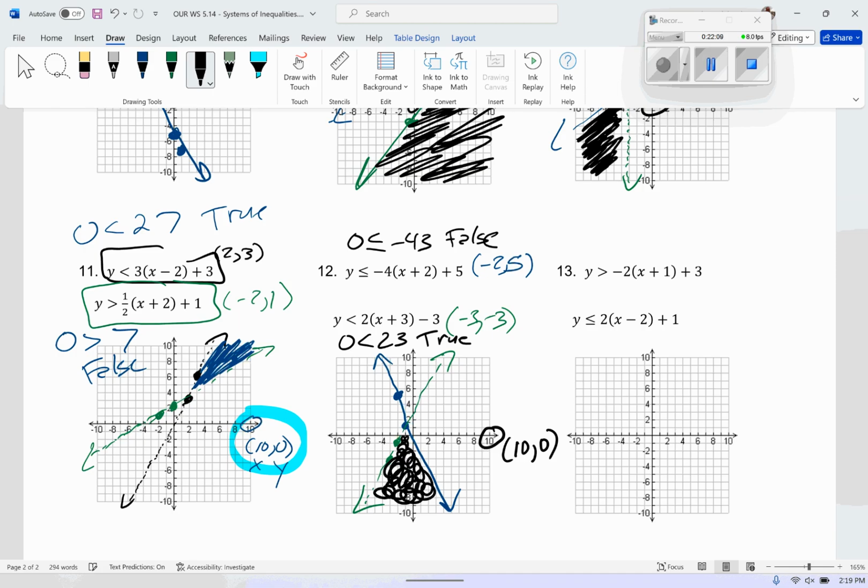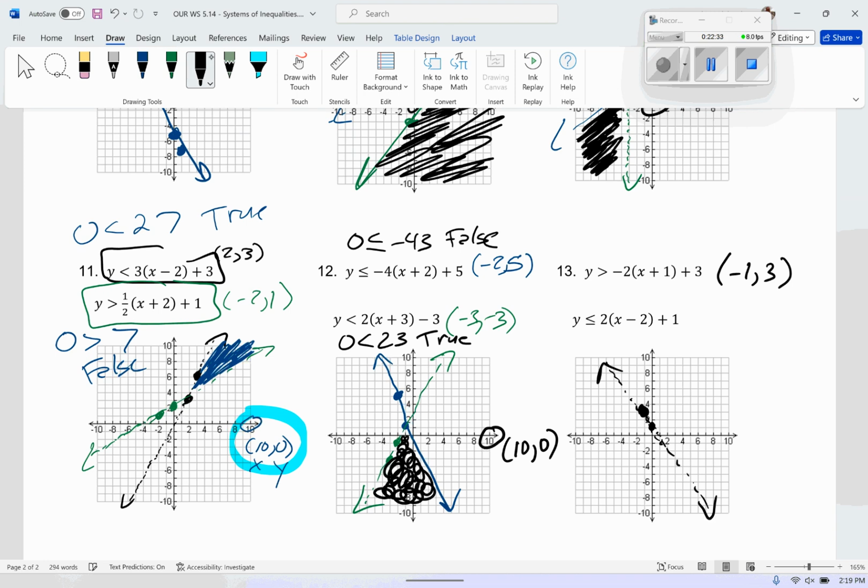Let's keep going. What's the point on this one? What's the point on the first one? Yes. Sure. Slope is down 2, right 1. Dotted. Okay, I feel okay that 0, 0 is underneath this.